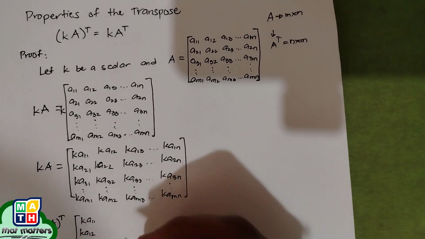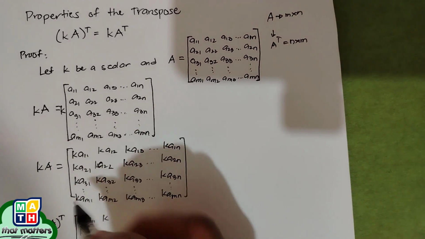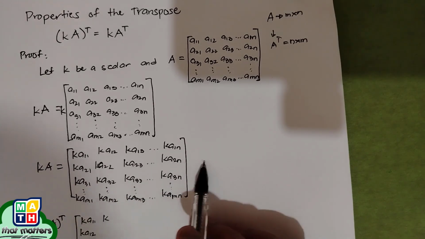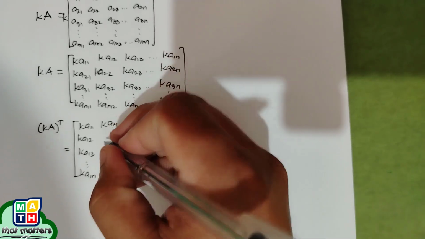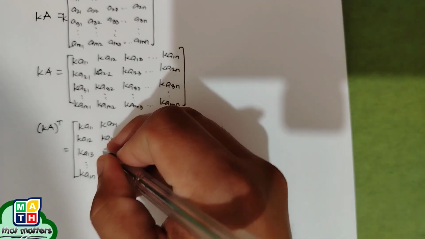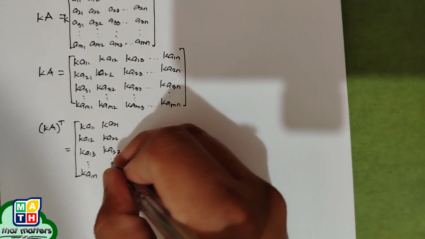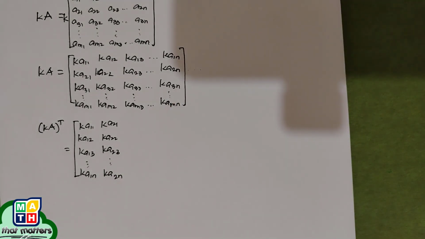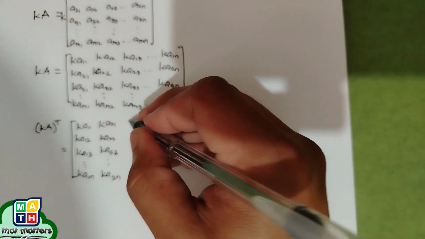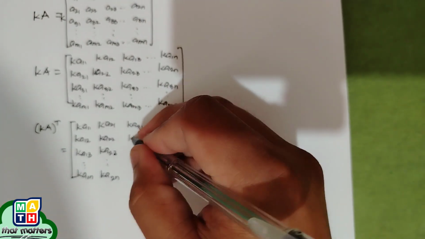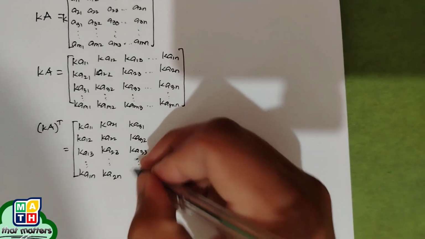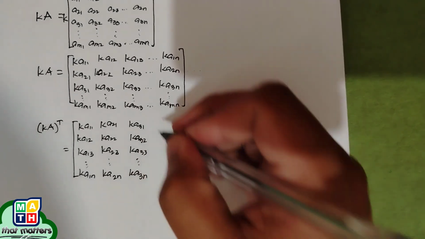Next, the second row becomes the second column: ka21, ka22, ka23, dot dot dot ka2n. Next, ka31, ka32, ka33, dot dot dot to ka3n.